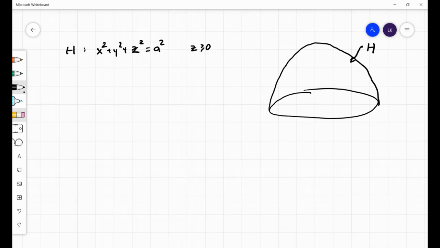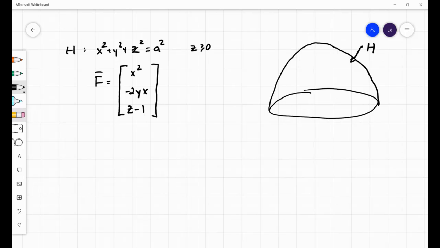And suppose you're given a vector field. So let's do x squared, minus 2yx, and then z minus 1.